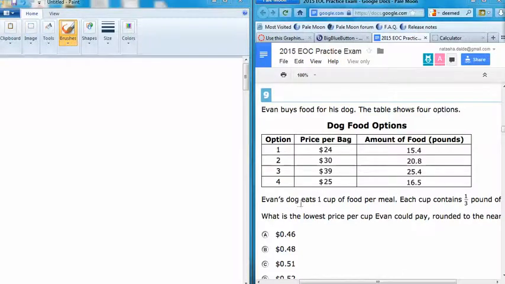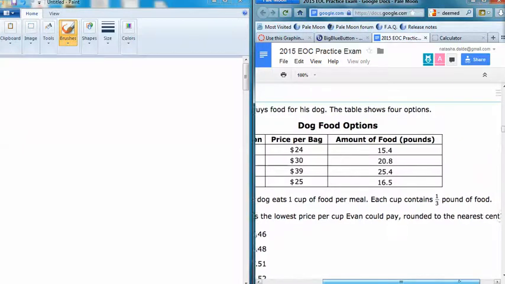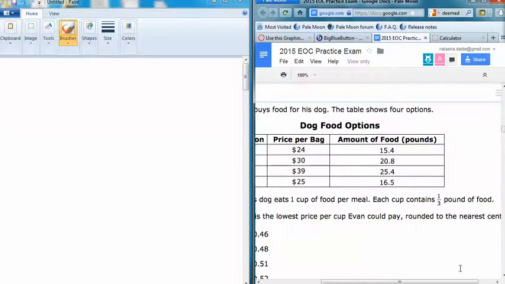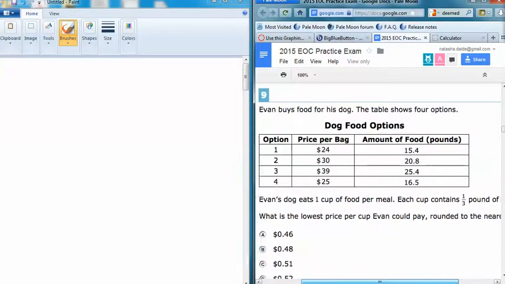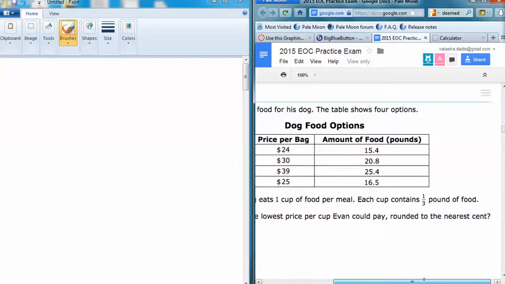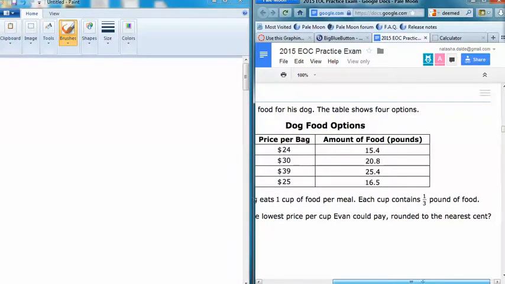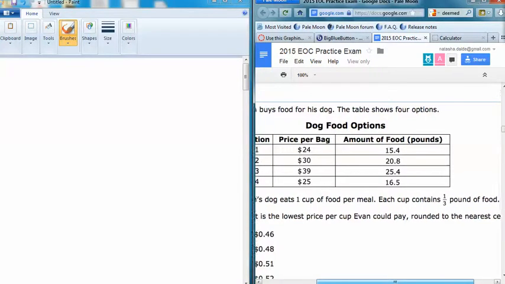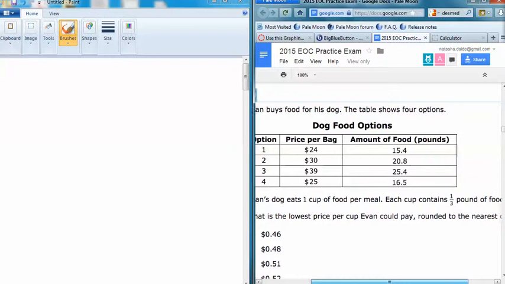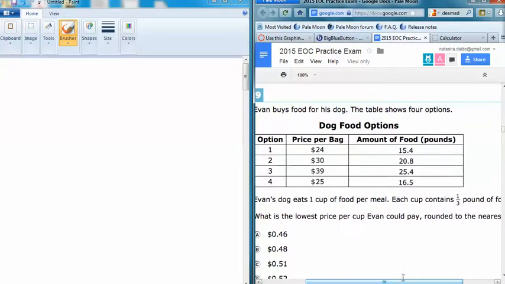All right. Evan's dog eats 1 cup of food per meal. Each cup contains a third of a pound of food. What is the lowest price per cup Evan could pay, rounded to the nearest cent? Oh, a price per cup.